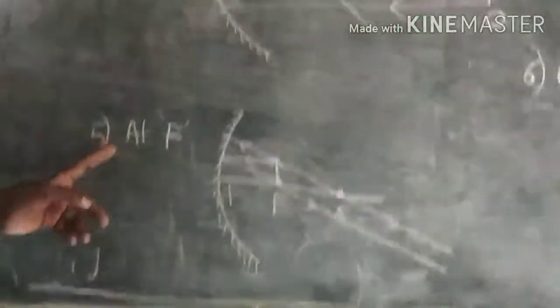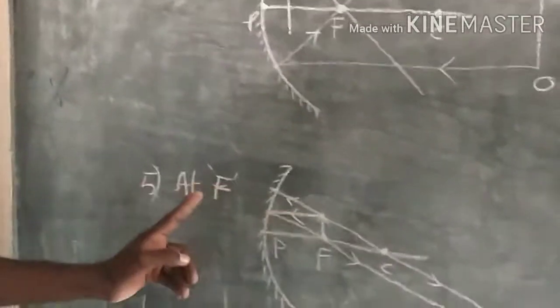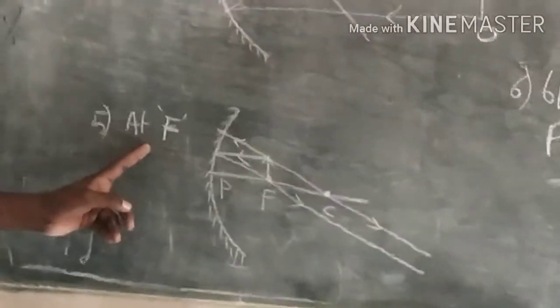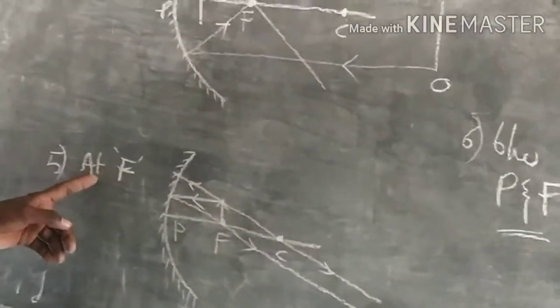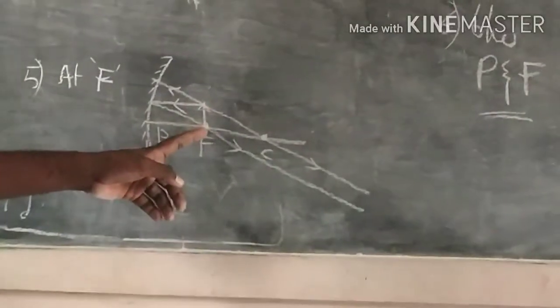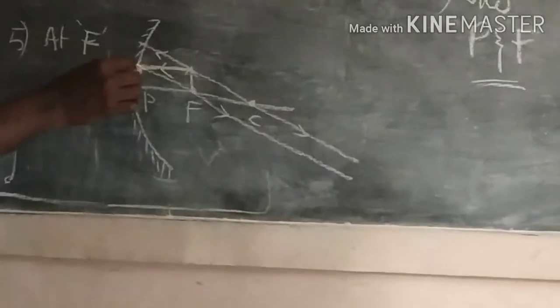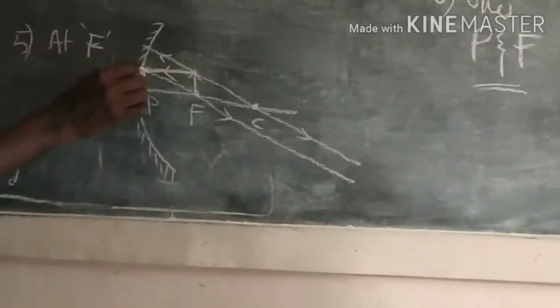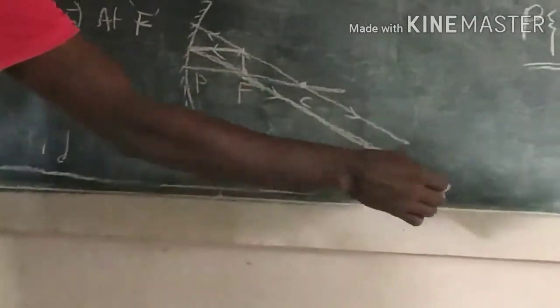Coming to the fifth case. If we keep the object at the focal point, the ray which is passing parallel to the principal axis is reflected through the focus.